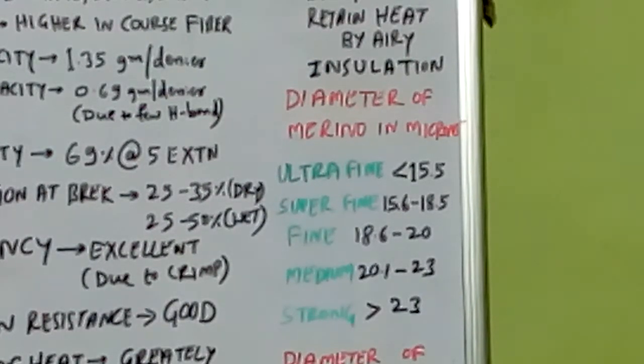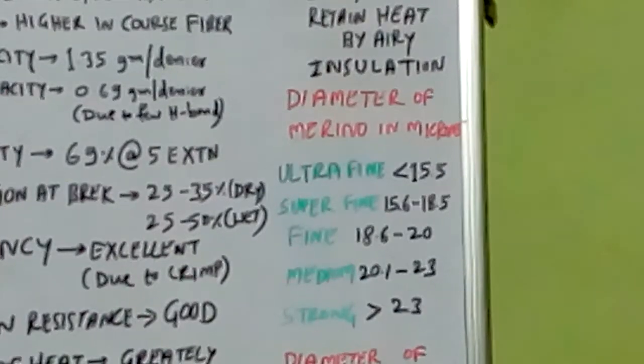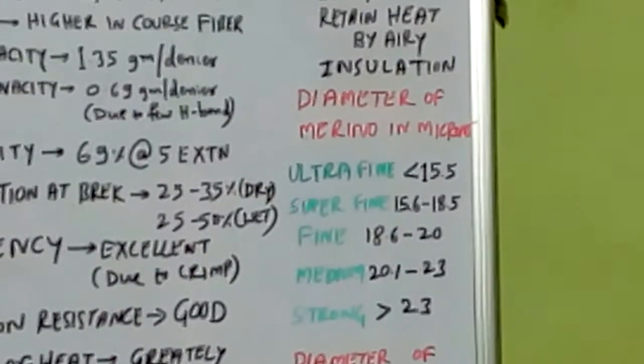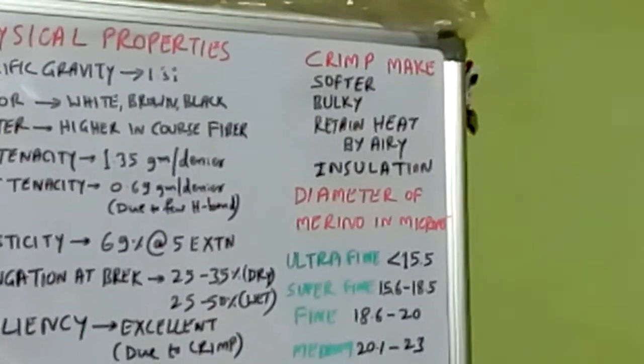And that is for cashmere, mohair, angora, merino, and some other crossbred wools. Merino is a good fiber. Merino is a fiber produced in Australia.